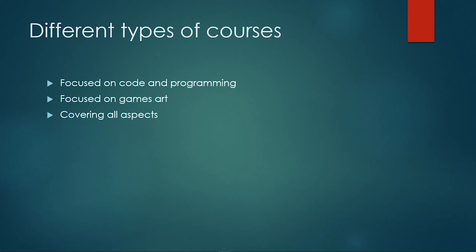And there are other courses like ours that are more generic. They cover almost all aspects of games design, from initial idea to the finished product. And that's the type of work that we expect our students to do in our course.